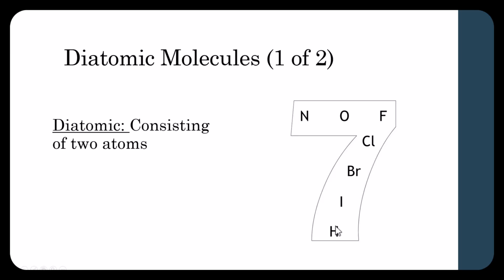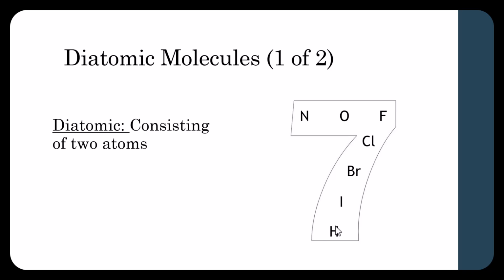So that was really cool. It started on element 7 and it created the number 7 in the periodic table. Except that was only 6 atoms. And then we have hydrogen. So hydrogen foiled all of that and ruined our 7. But the 7 diatomics are nitrogen, oxygen, fluorine, chlorine, bromine, iodine, and then hydrogen.